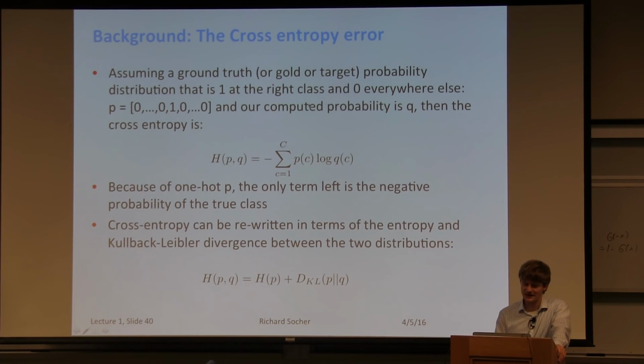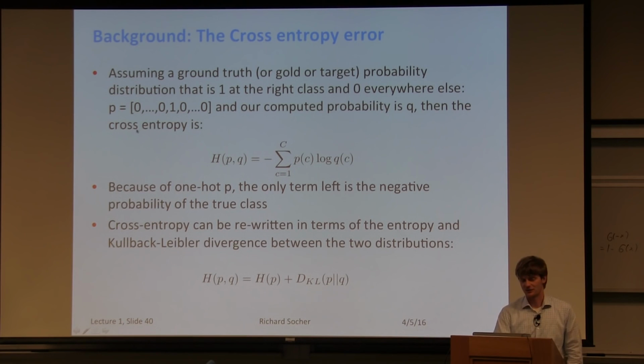Then we compute with the softmax the probability from the model: given an input vector, apply the softmax, get a probability out. Usually we call that Q.